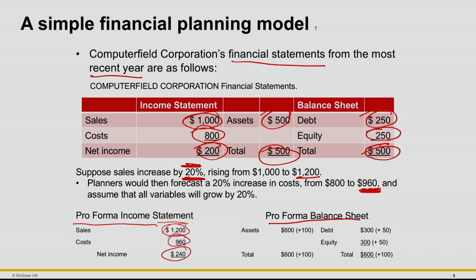So we're going to go from 500 up to 600. And then on the debt and equity side of it, we're going to keep the same financial structure for the moment. Hold that thought. We're going to have 300 of equity and 300 in debt financing for a total of 600. So again, our balance sheet is in balance.